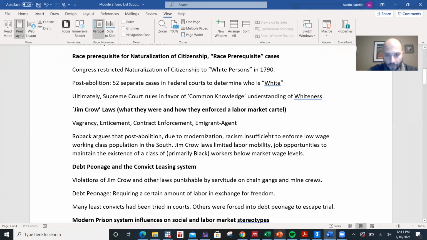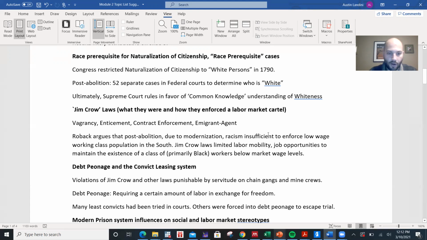They want to enforce the labor market cartel and keep wages low for the working class, especially among Black workers who had formerly been slaves and paid very little or nothing. And to a lesser extent, they continued to enforce the social hierarchy, which had existed through slavery and probably before that time. Right, so in general, that's what the Jim Crow laws are.